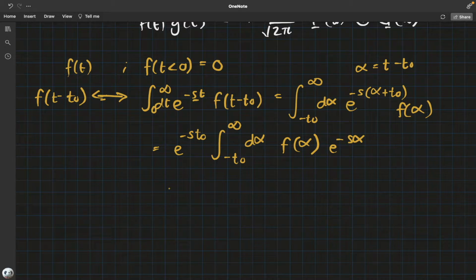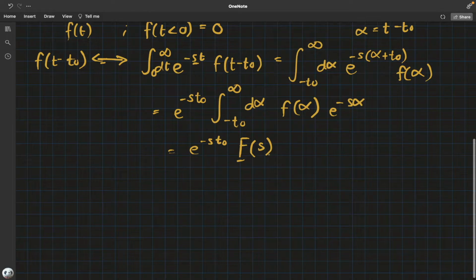And then this is just the Laplace transform of f, which I will denote as capital F of s.